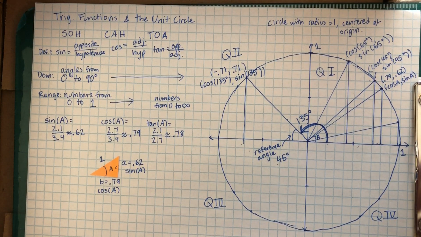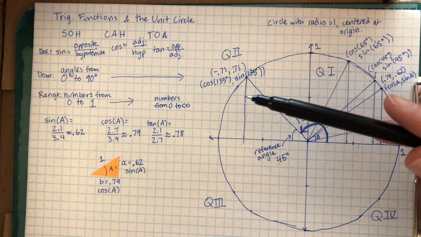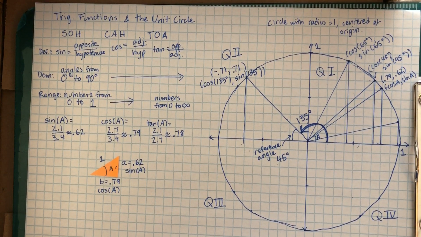and this results in outputs that instead of being between 0 and 1, we can now have negative results for sine and for cosine. Think about where we might have negative results for the sine of an angle.